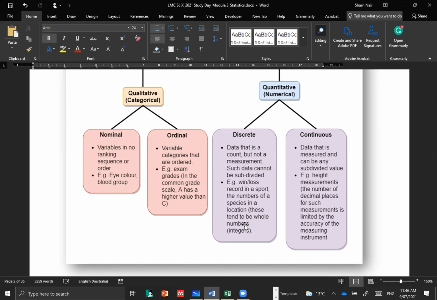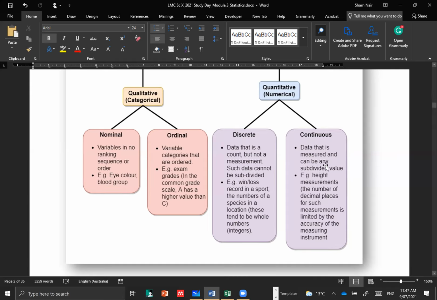So they're discrete quantitative variables. Continuous variables are those that have all the numbers in between. They can be subdivided. If you look at height measurements, a person can be 1.5, 1.51, 1.55, 1.58 meters tall, and so on. So the number of decimal points can increase or decrease as much or as little as we like.